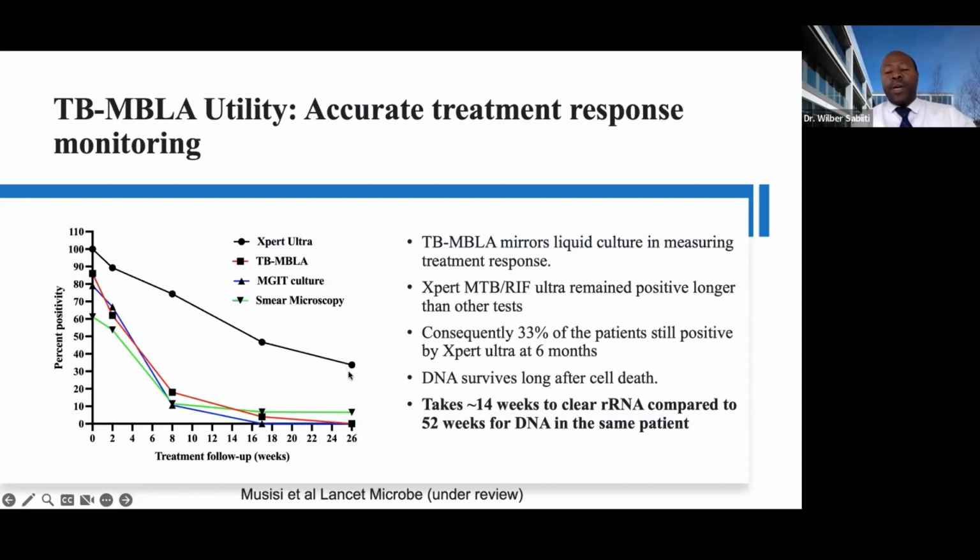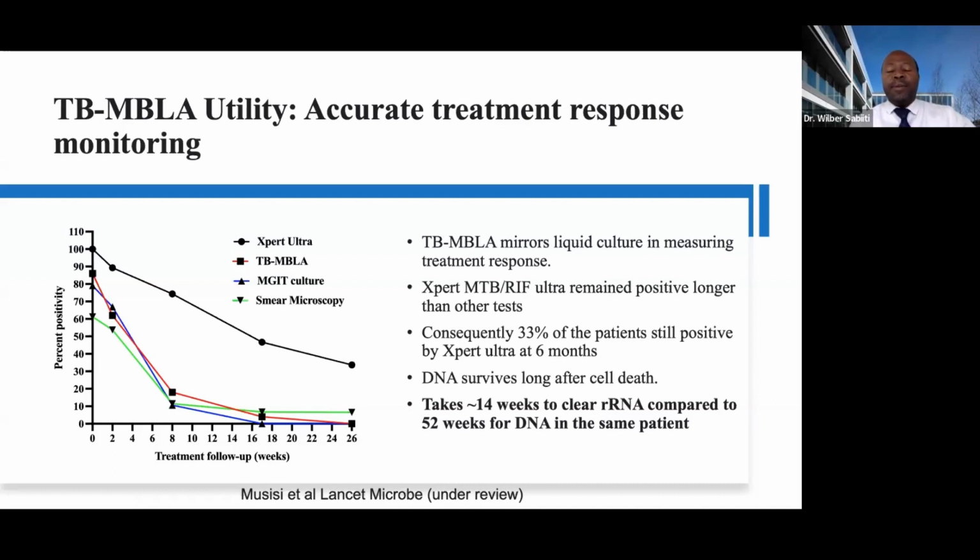But what we found is that while other methods responded quite rapidly, the GeneXpert responded quite slowly. On further investigation, we found that at the end of 6 months, 33% of the patients were still positive with Xpert Ultra. And we followed them further up to 9 months to see what happens.